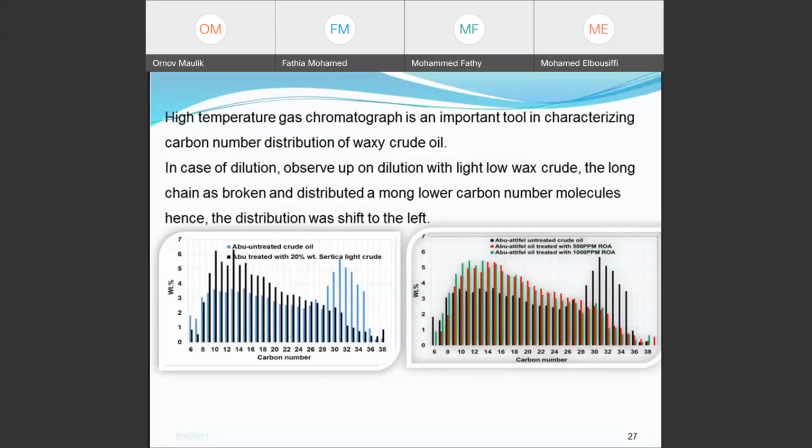Through these two figures, treated with low wax oil and treated with some chemicals, ROA, high temperature gas chromatography is a very good tool in characterizing the carbon number distribution of waxy crude oil. In the case of dilution, we observe that upon dilution with light low wax crude, the long chains are broken and distributed among lower carbon number molecules. Hence, the distribution was shifted to the left side.